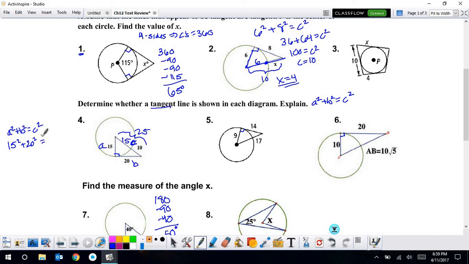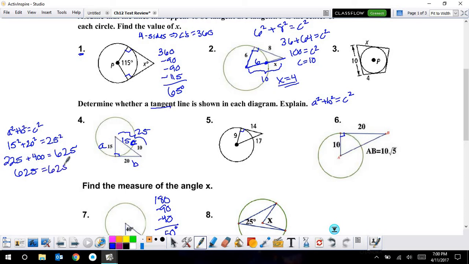So when I plug in, my c squared is 25 squared. So 15 squared is 225. 20 squared is 400. And 25 squared is 625. So when I add those two together, I do get 625 equals 625. So yes, it's tangent.